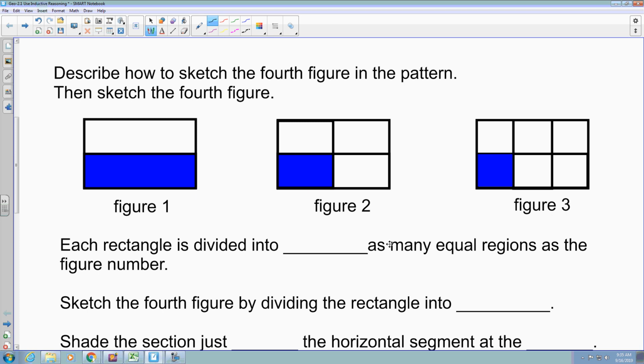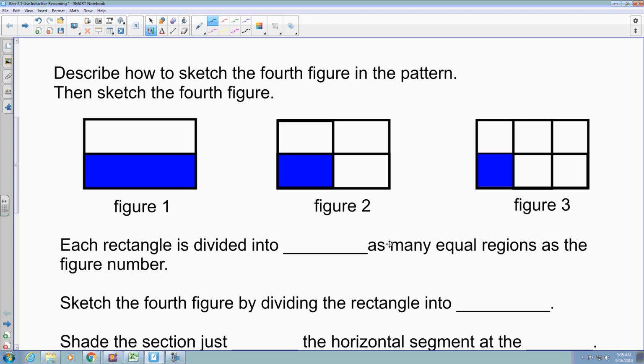Figure 2 has a horizontal line in the middle, and now a vertical line down the middle, and the shading of blue is in the bottom left. Figure 3 has one horizontal line in the middle, and now two vertical lines, which make three different parts, which is 6 total.